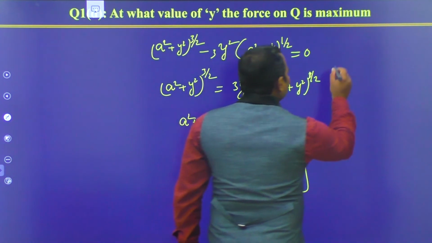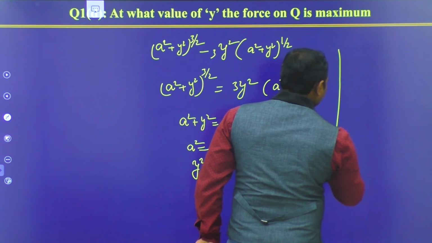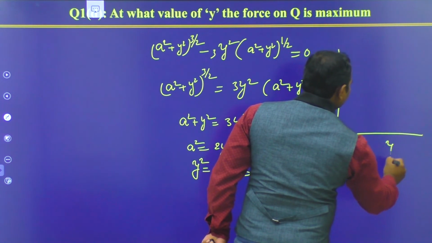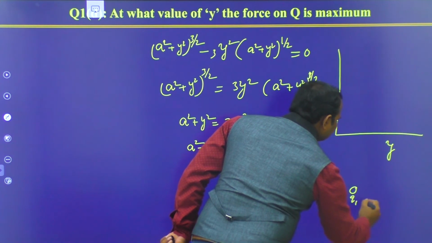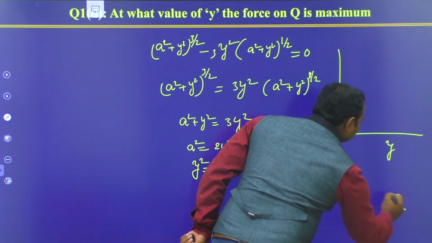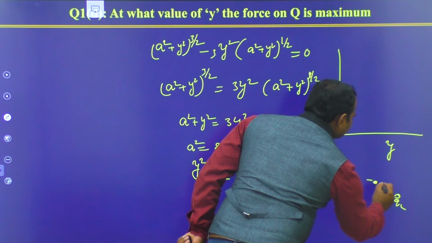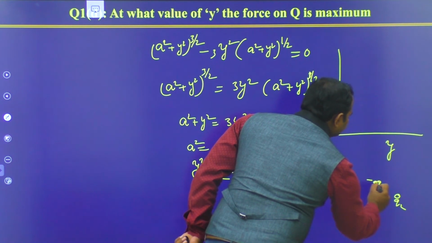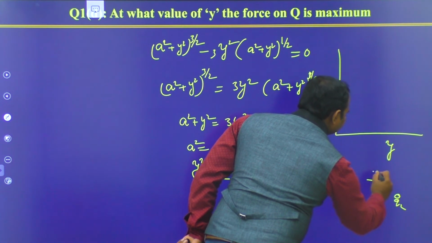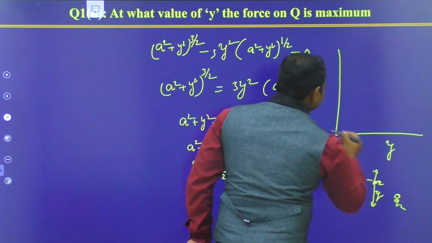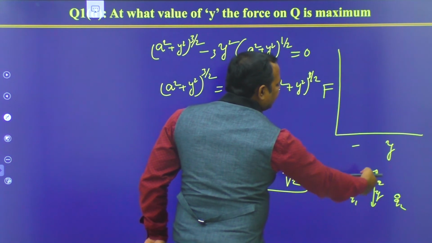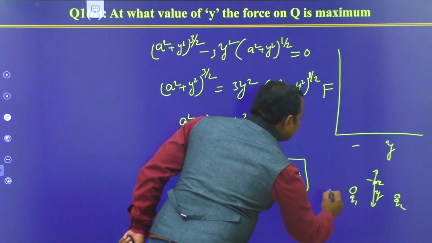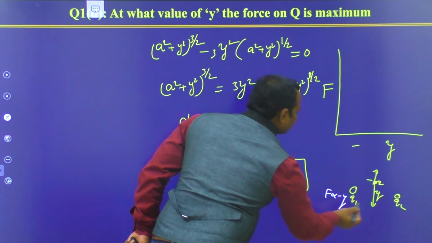So if you draw a graph between force and distance, this y is the distance between the two charges. This is charge 1. This is charge 2. Now you are keeping this minus q. Now this is the y distance, and this is the force. Now for small y distance, we know that F is directly proportional to minus y.